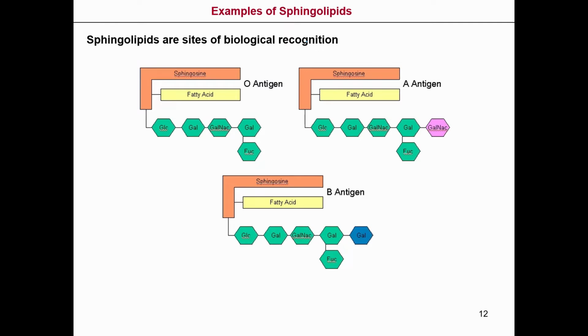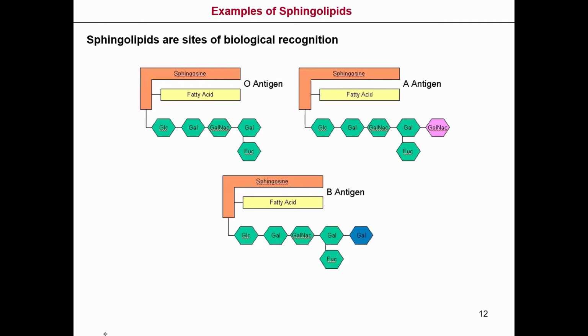So, for example, me, I have a B blood group. Usually, as in people have a B blood group. So these sphingolipids are the determinants of human blood group.